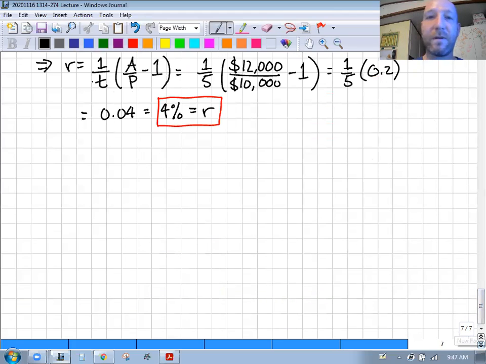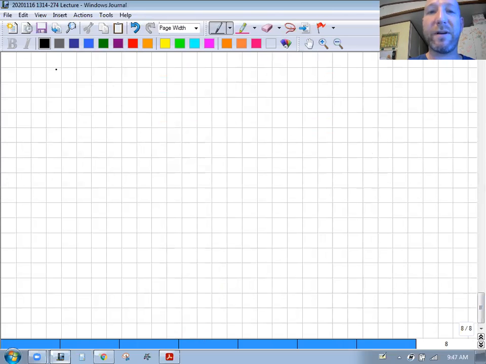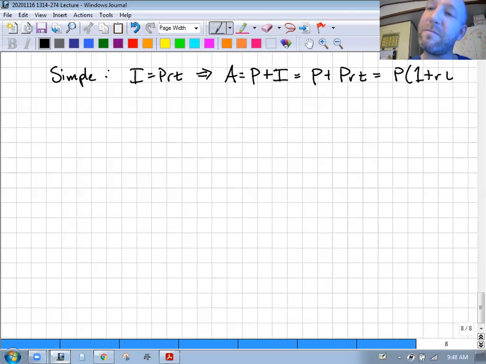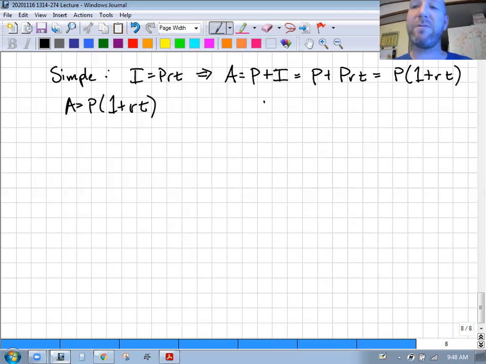So here's our formulas, right? We have simple, I equals PRT. So the amount is principal plus interest, P plus PRT, or P times the quantity 1 plus RT. You want to be able to rearrange this. A equals P. You want to rearrange it where you have P equals or R equals or T equals, depending on what they ask.